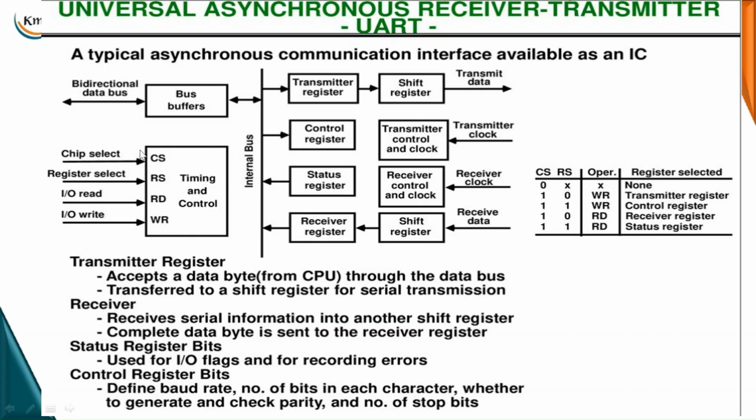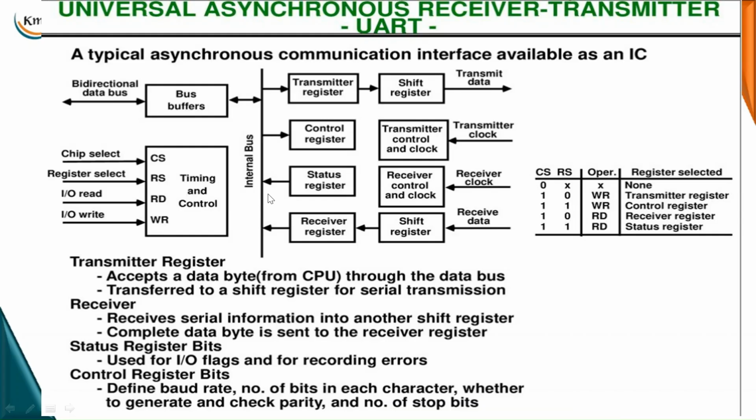This is a timing and control unit which consists of chip select, register select, IO read, and IO write operations. Whenever the chip select input is 1 and the register select RS is 0, it performs a write operation on the transmitter register. Similarly, whenever chip select is 1 and register select is 1, it performs a write operation into the control register.